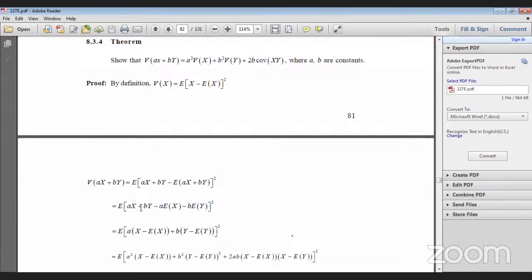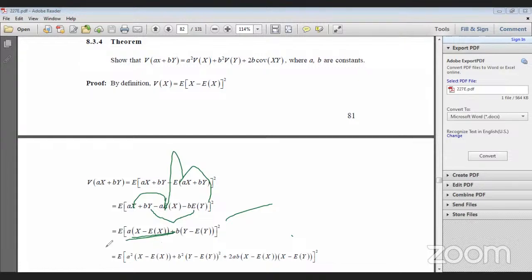So E of ax plus by minus a into Ex, a is the common here, plus b into Ey whole square. A into x minus Ex, and then b into y minus Ey. I'm separating a and b here.